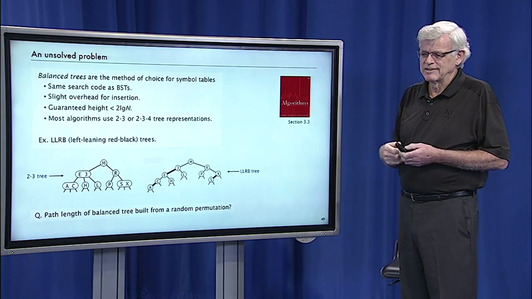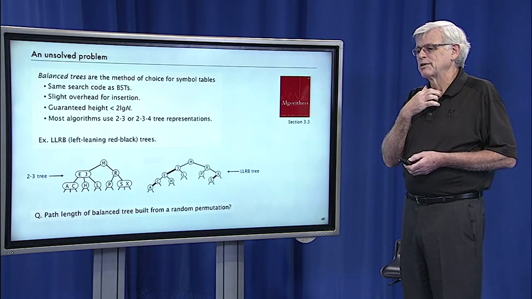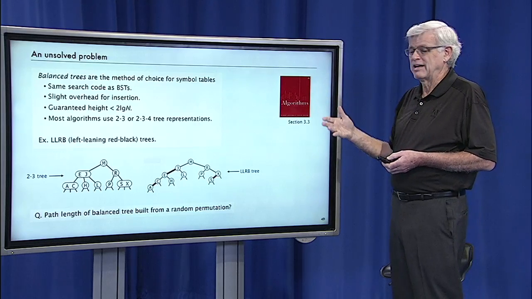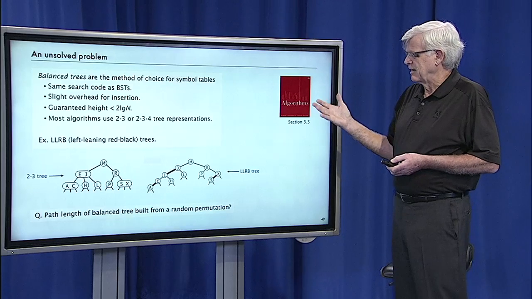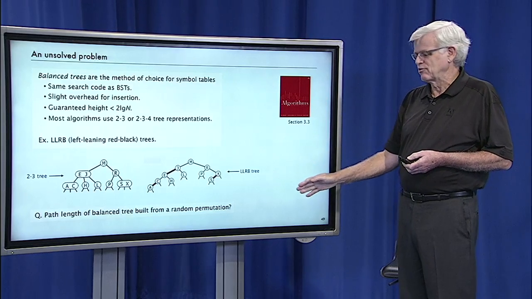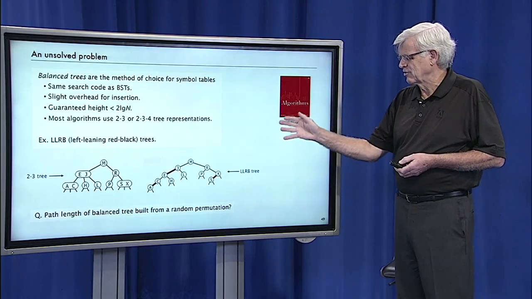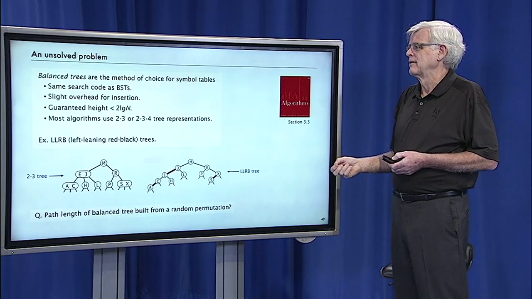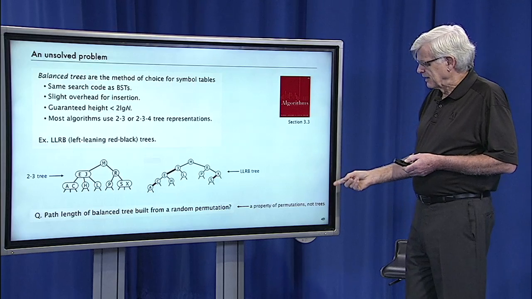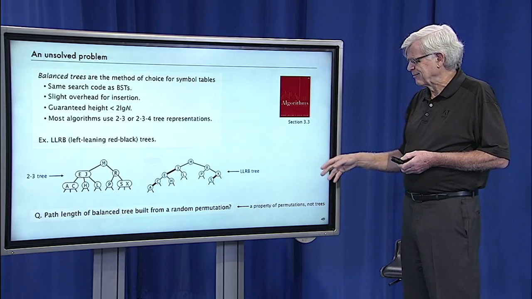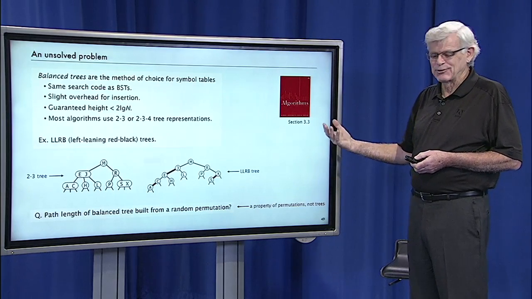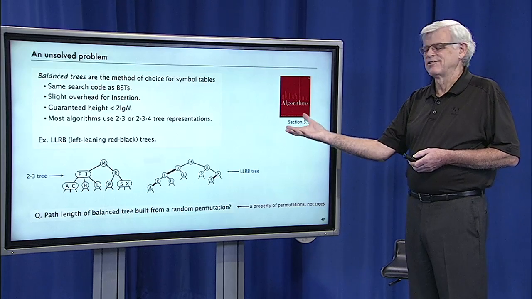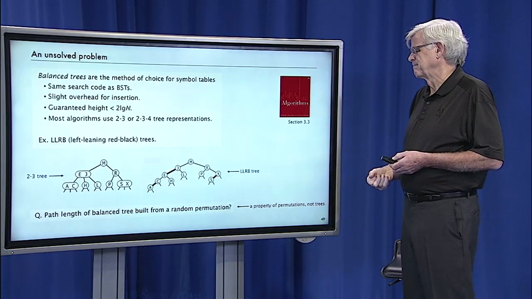When you've got something that's in the inner loop of a major computation, speeding up by a factor of 2 is important. So we'd still like to know the answer to this question of what's the average cost of a balanced tree built from a random permutation. Now again, that's not a property of trees, that's a property of the permutation in the algorithm. The tree is just a container for the data.